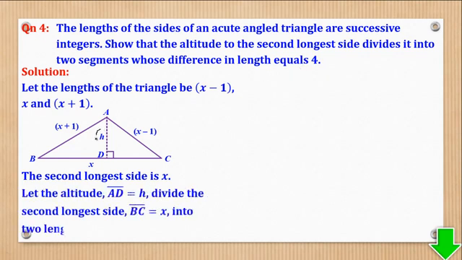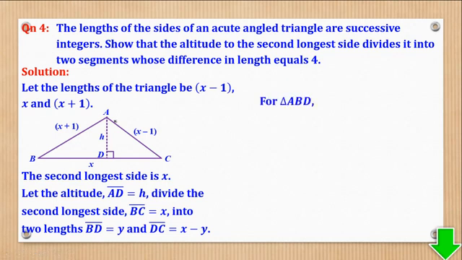So the altitude has a height of h. Then BC is x, and if BD is y, it implies that DC is x minus y. Now the question is, if you subtract these two, do you get a difference of 4? That's what they want you to prove. So let's start.